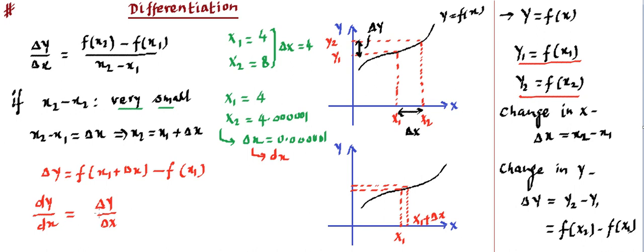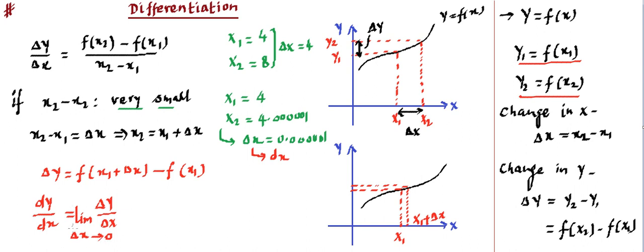So how to indicate that small nature? For that we write here lim, for limit, and we claim that this delta x we are treating as very small, so that tends to 0, not exactly 0, but very close to 0.